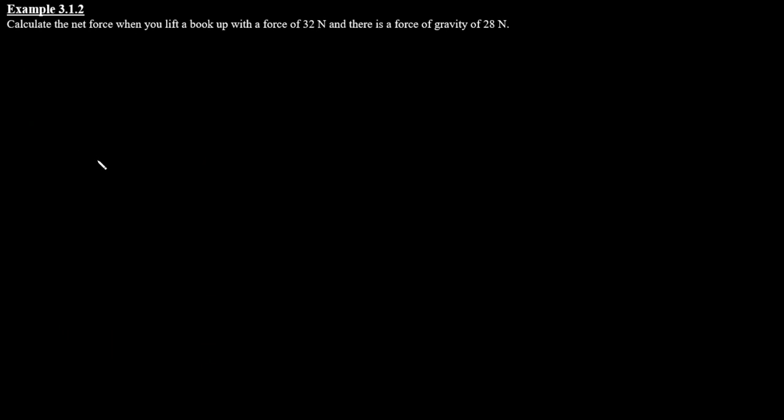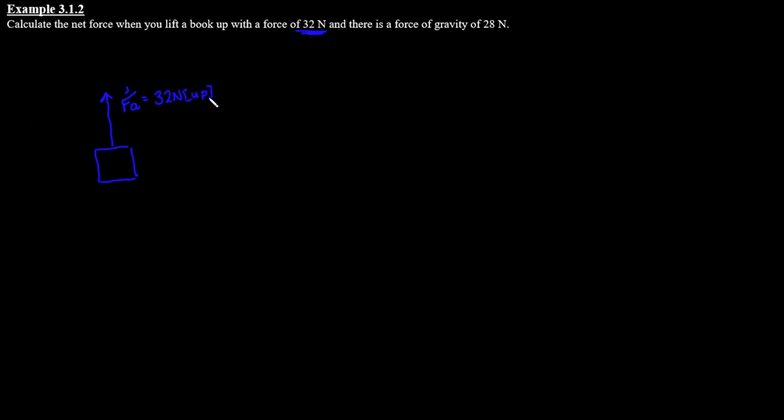Okay, so if we think about our object, this 32 newtons that we are exerting is this lifting force that we are acting in this direction. So in terms of the forces that we've described so far, it is an applied force of 32 newtons in that up direction.